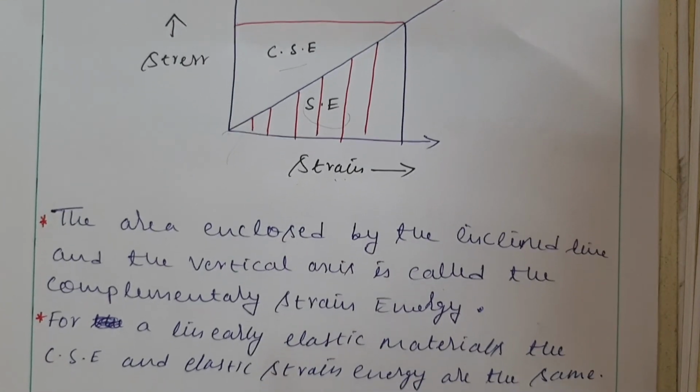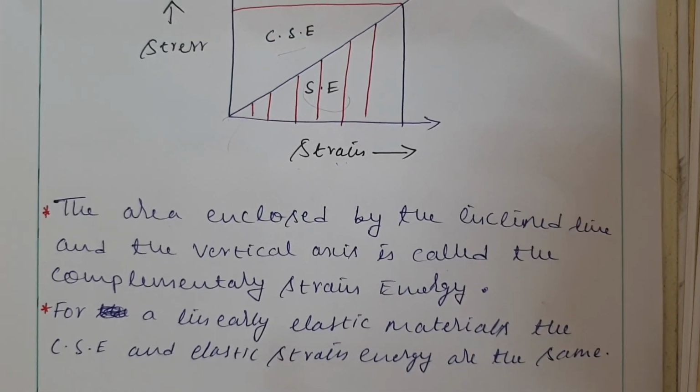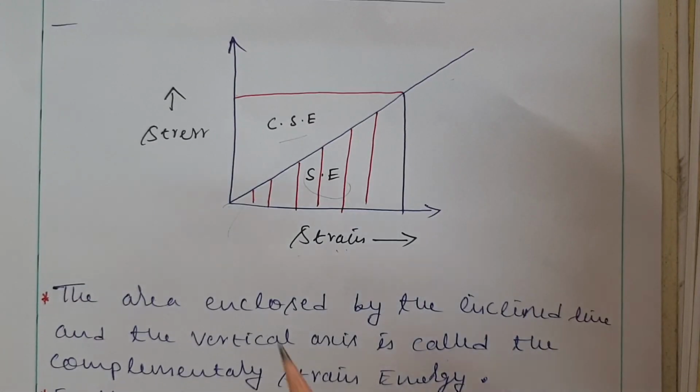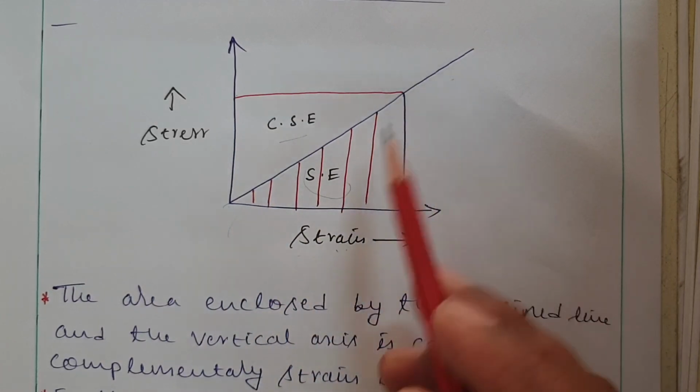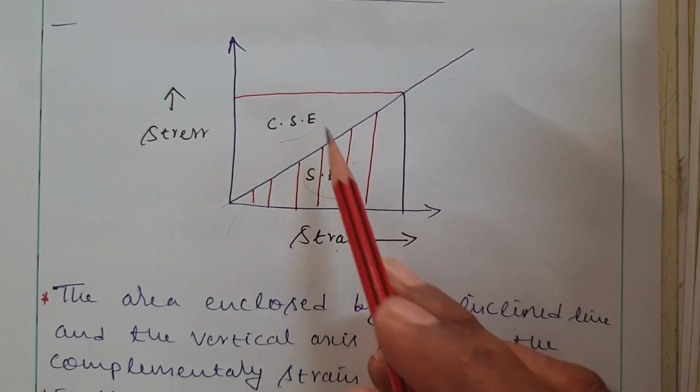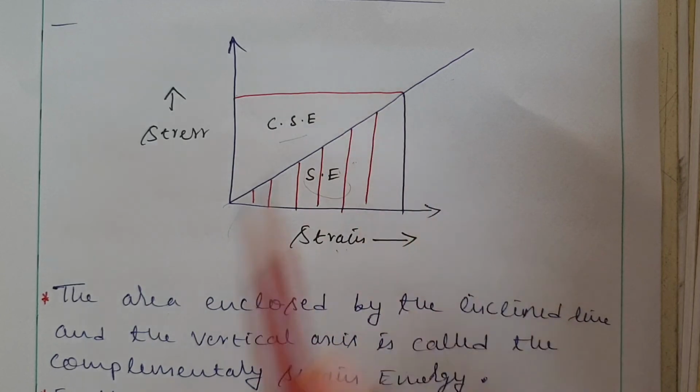Mathematically, the area enclosed by the inclined line and the vertical axis is called complementary strain energy. That is what we have given here. This is the strain energy. These both are one and the same when the stress-strain curve is linear.